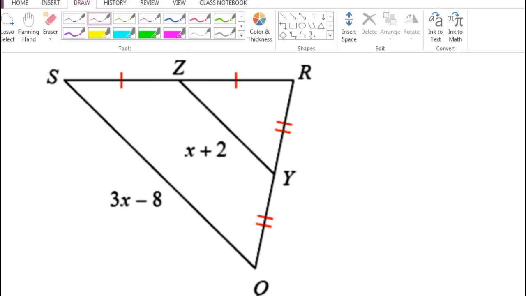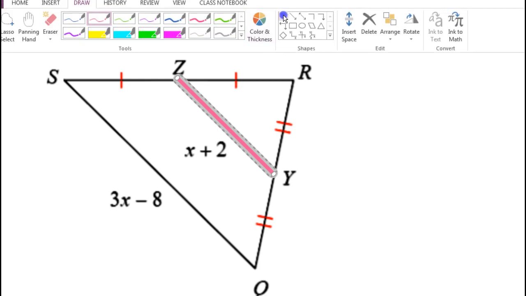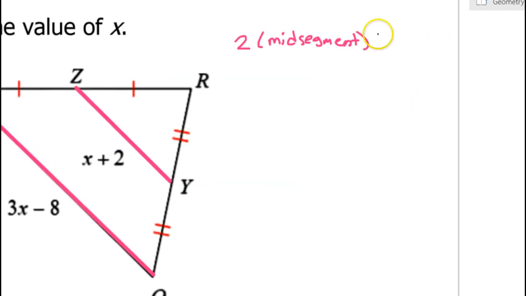Okay. All right, now we get to do some algebra. Let's focus our eyeballs on the midsegment and the parallel side of the triangle, because we know that 2 times the midsegment should equal the parallel side.